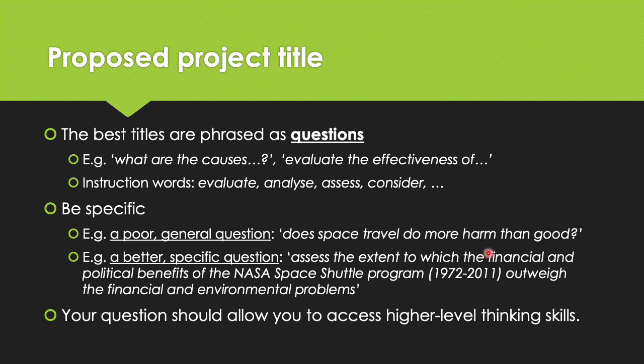You're looking at the financial and political benefits of one particular space program, the American space program, NASA, from 1972 to 2011, and you're thinking about it in the context of the financial problems and environmental problems as a result. Your question should allow you to access higher level thinking skills, and we'll talk about what that means in a moment.